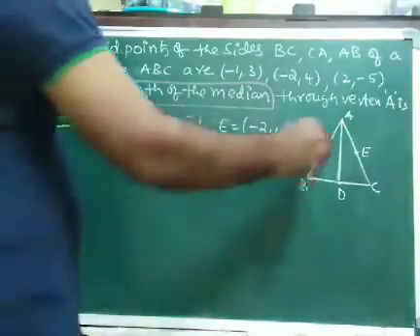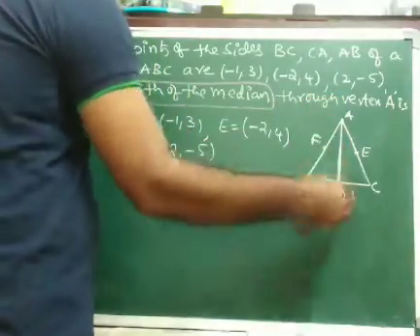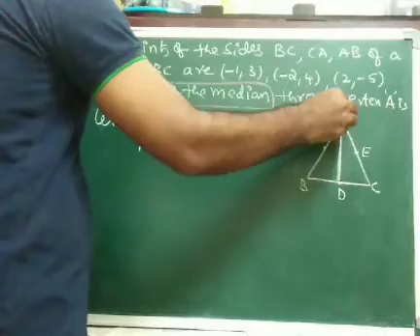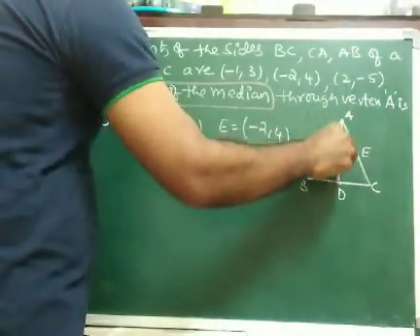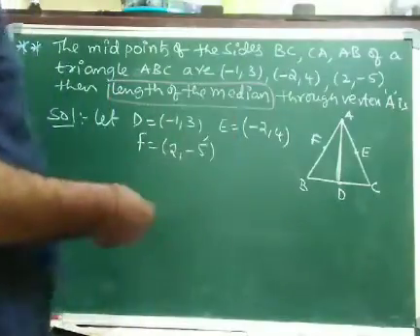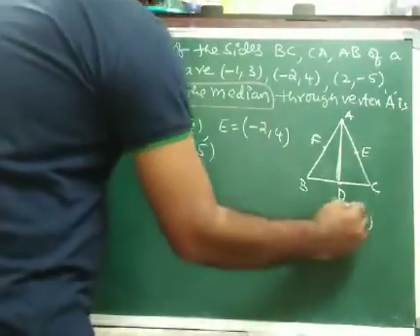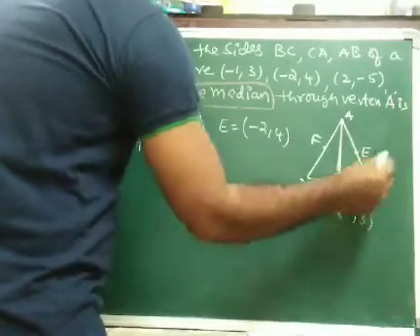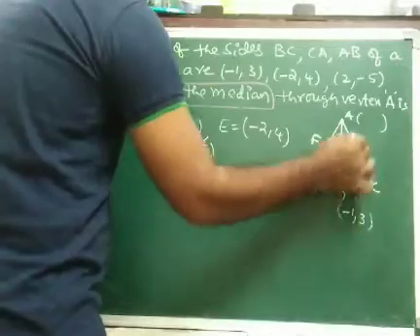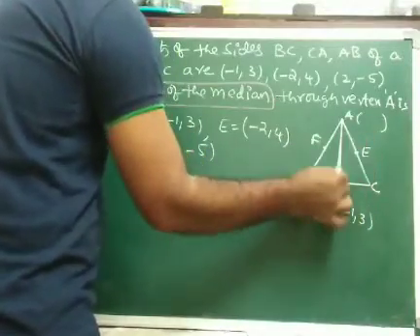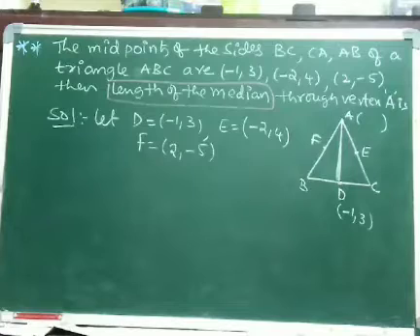Now I want to find the length of AD. The length of AD is nothing but the distance between A and D. Clearly I know what D is: minus 1 comma 3. Now if I know vertex A, then I can find the distance between these 2 points, which is nothing but the length of the median AD.